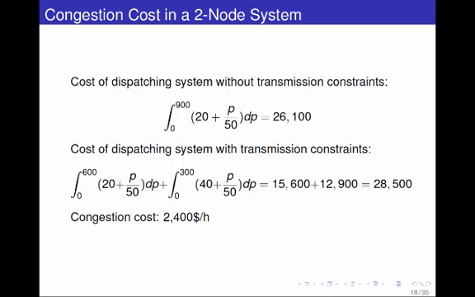If the line did not exist, like I argued earlier, the cheapest way to satisfy it is to send all the 900 from the generators in area A, that's 26,100, and the difference is $2,400 per hour. So the two things are actually different. Sometimes they coincide, but there's no formal proof that there's a relationship between them.